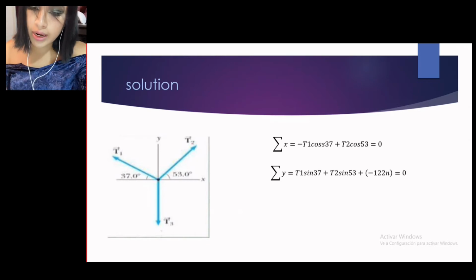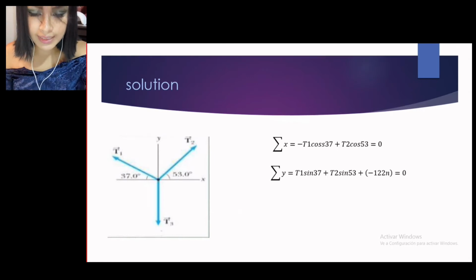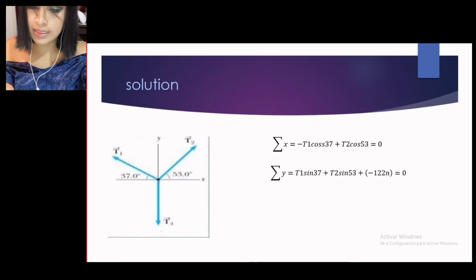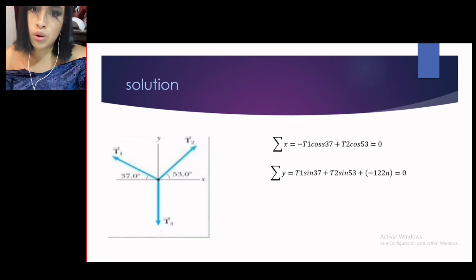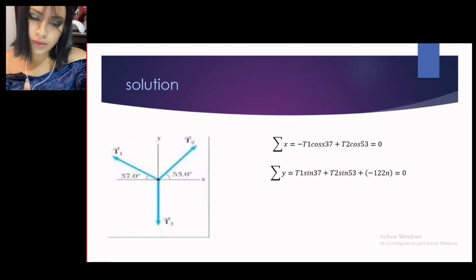In our letter Y, sorry, it equals T1 sin 37. We see that here it is positive and it is sin, not cosine. We have to remember that we have the opposite leg and the adjacent leg, and whether it's cosine or sin depends on our angle.